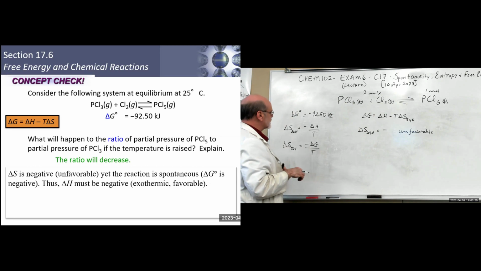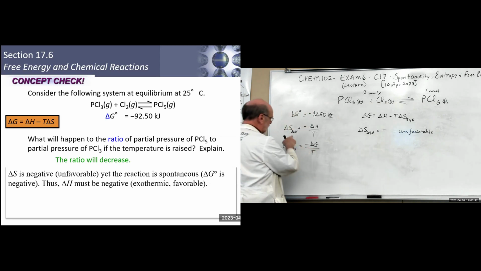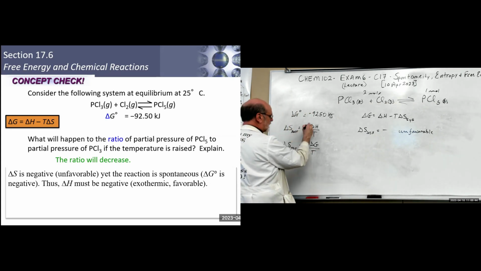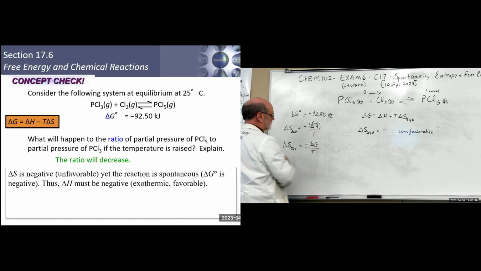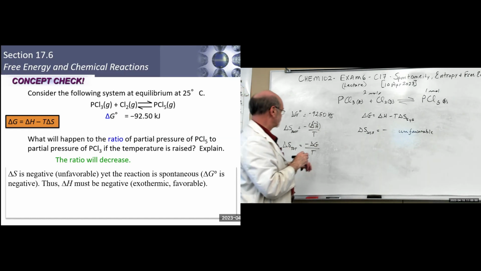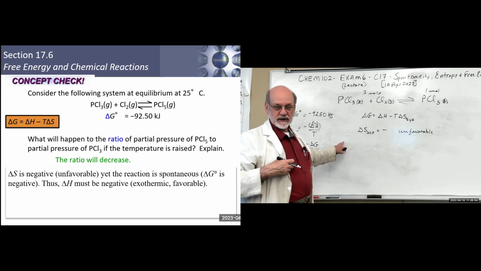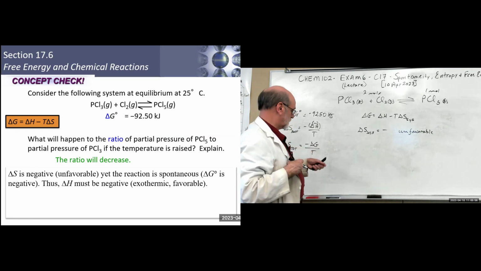That means delta H has to be negative. If this is negative, then this one should be positive, and that would make this one negative. Right? So now we know that it's exothermic, and that makes it favorable.